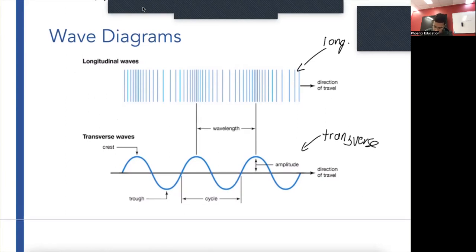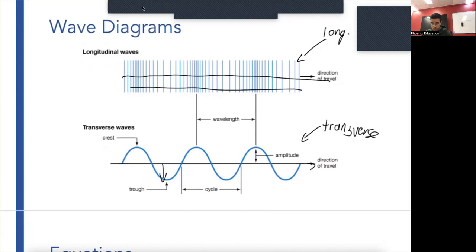So it's oscillating this way, and the energy is also traveling this way. For a transverse wave, it's quite the opposite. The energy is propagating that way, but the particles themselves are oscillating up and down like this.